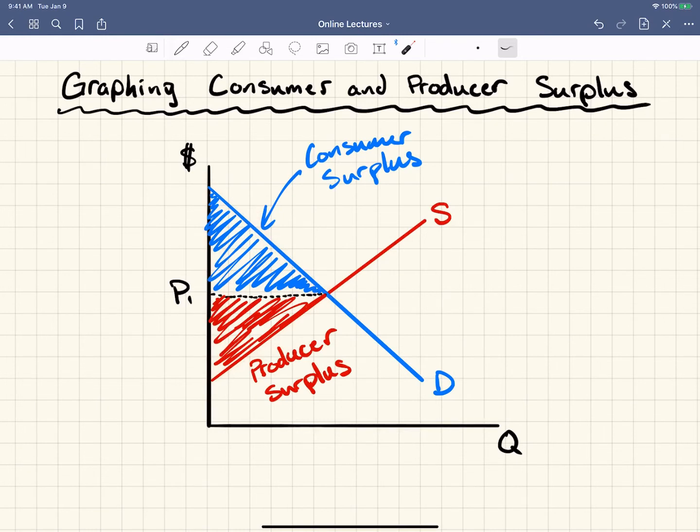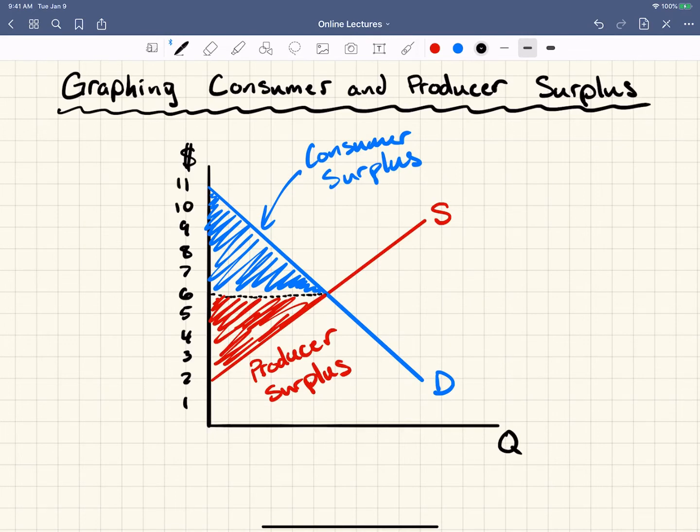Now, just to put some traction to this, let's put some actual numbers here. Let's say that this is 1, 2, 3, 4, 5, 6, 7, 8, 9, 10, 11, okay?